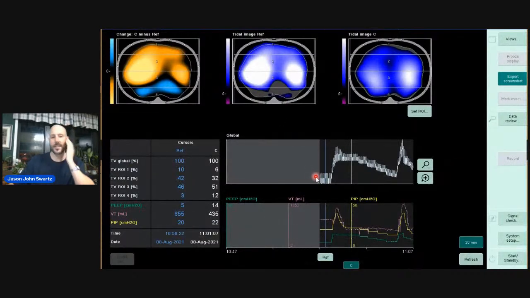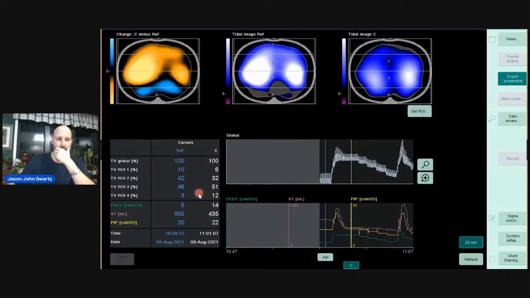Okay, over here, this is the end inspiration. Again, here's your reference. This is an example of somebody that had the PEEP at 5 and we went all the way up to 14. And we could see here when the PEEP was at 5 that there was dorsal collapse.